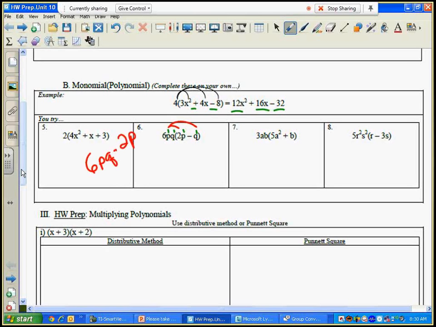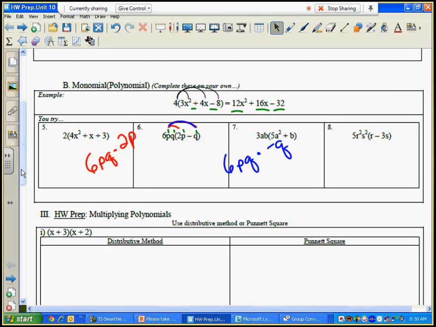On the hoppity, we're going to do 6pq times minus q, or negative q. So we'll treat the hippity part as one problem, and then we'll treat the hoppity part as another problem. And there'll be 2 terms in our final answer.